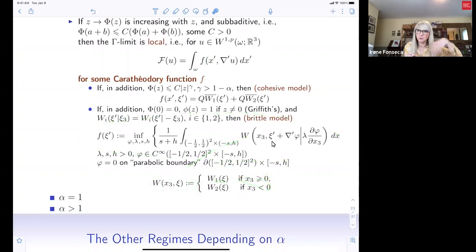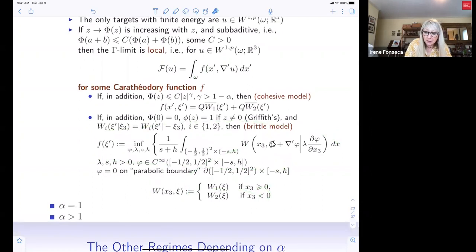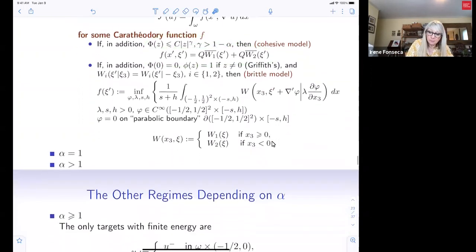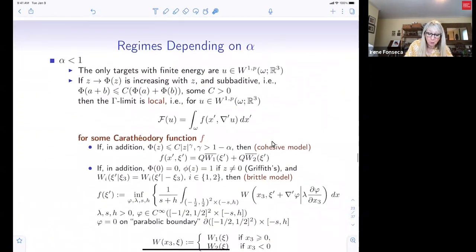Now, depending on x3, because if it's x3 positive, it's one thing, x3 negative is another, but it's basically well known, and you can see that, for example, in this regime, you get something which is again familiar, right? It's your QW1 bar and then the QW2 bar. This is for the regime alpha less than 1.